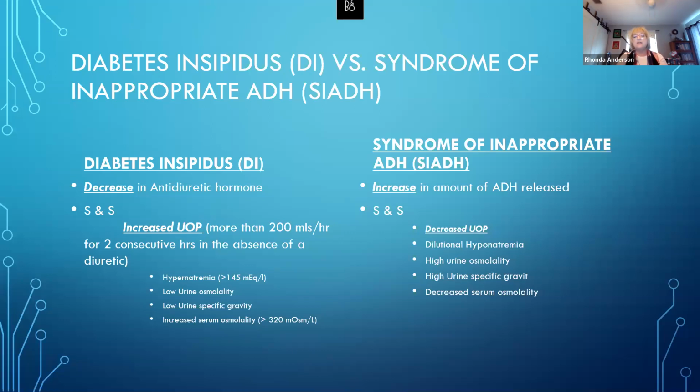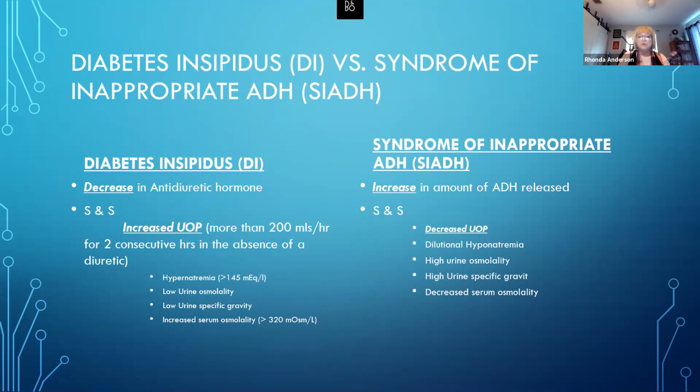Now, one of the complications we see in head injured patients and patients with an increase in ICP is diabetes insipidus and syndrome of inappropriate antidiuretic hormone. Diabetes insipidus is a decrease or a lack of antidiuretic hormone that acts in the kidneys. So the signs and symptoms we see with diabetes insipidus, think about the polyuria, the diabetes.